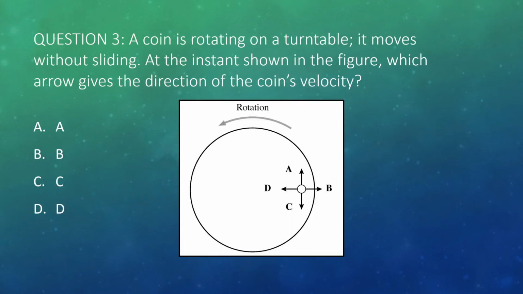Okay, next one. Question 3. A coin is rotating on a turntable. It moves without sliding. At the instant shown in the figure, which arrow gives the direction of the coin's velocity? All right. Well, remember that we talked about the velocity always being tangent to the circular path.